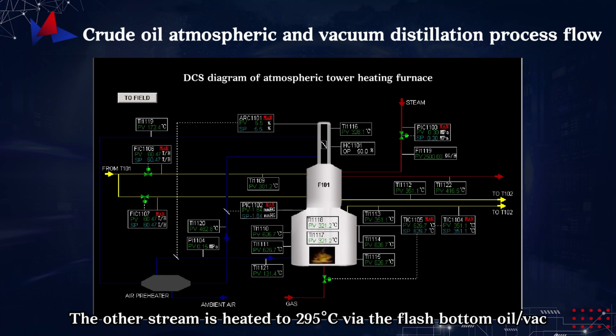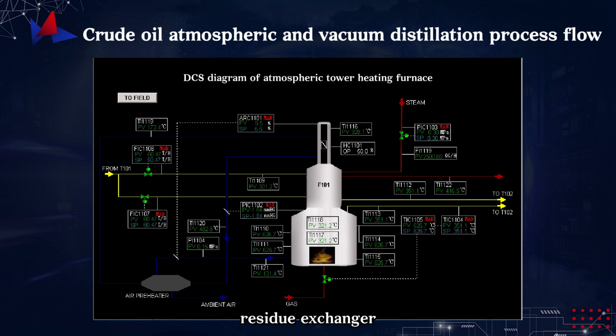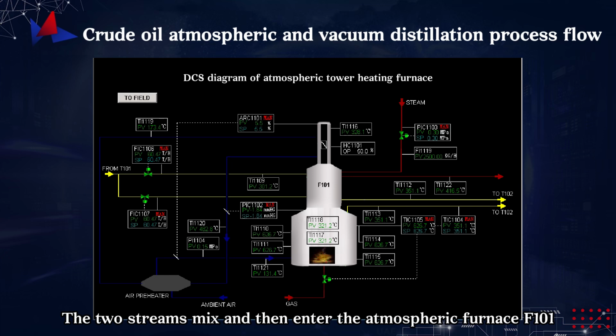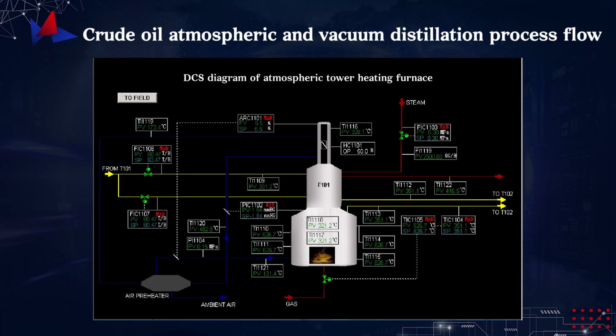The other stream is heated to 295 degrees Celsius via the flash bottom oil VAC residue exchanger, flash bottom oil VAC third side stream exchanger, and flash bottom oil VAC second intermediate reflux exchanger. The two streams mix and then enter the atmospheric furnace F101.